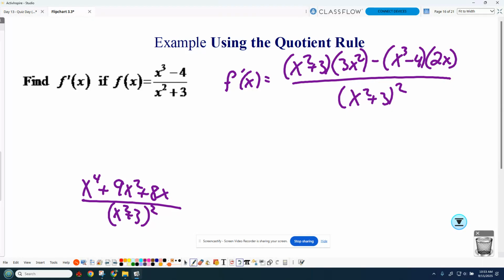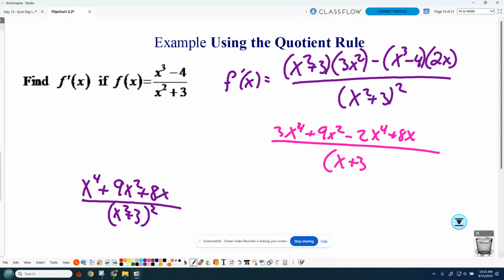Okay, distributing. 3x to the 4th plus 9x squared minus 2x to the 4th plus 8x over stuff squared, combining like terms. I get 1x to the 4th plus 9x squared plus 8x over stuff squared.